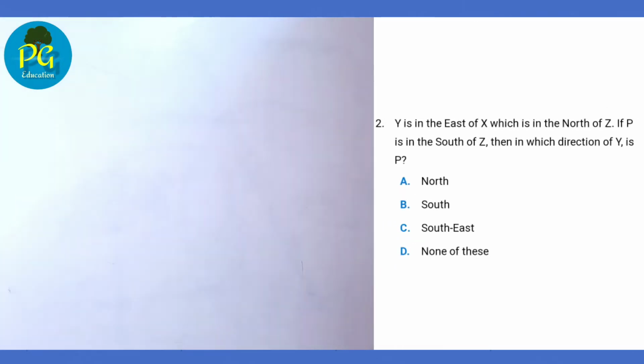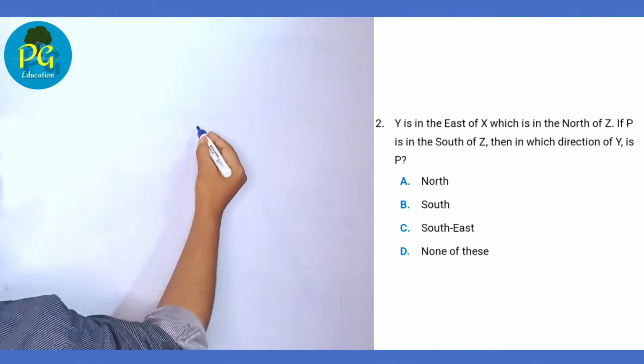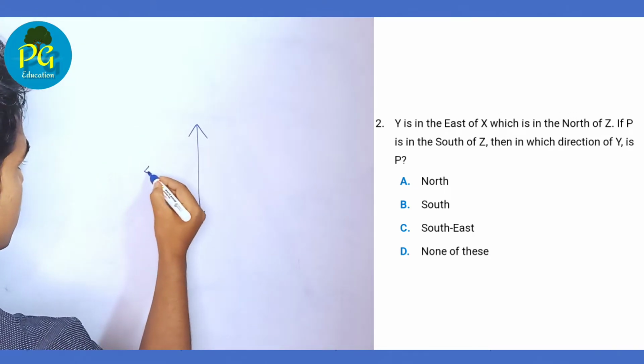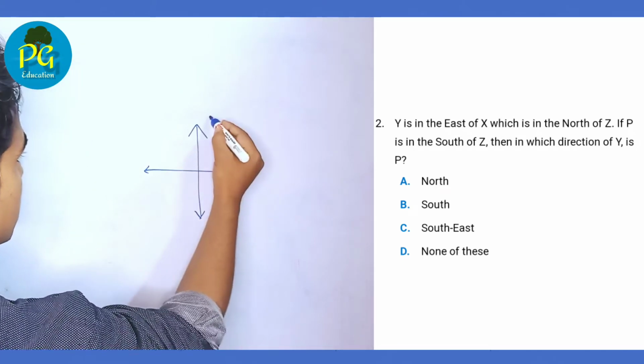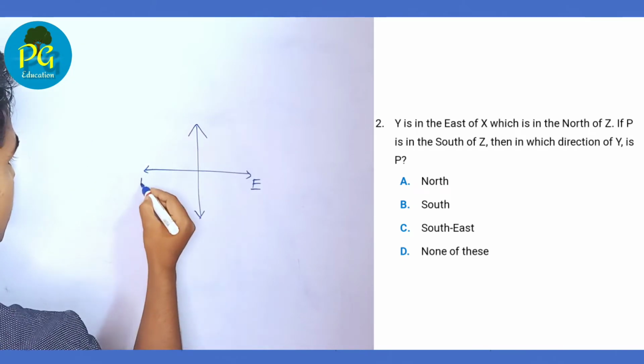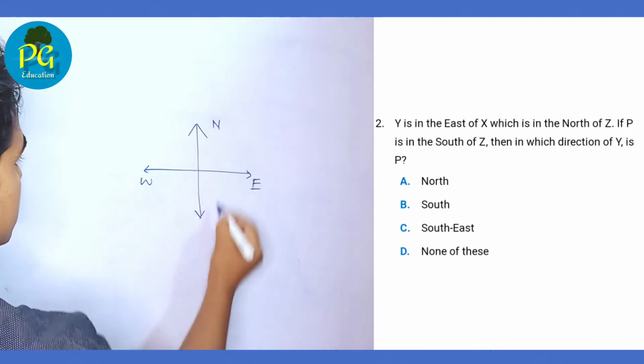Question number 2. Y is in the east of X, which is in the north of Z. If P is in the south of Z, then in which direction of Y is P? In this question, let us first draw the direction. This is east, this is west, this is north and this is south.